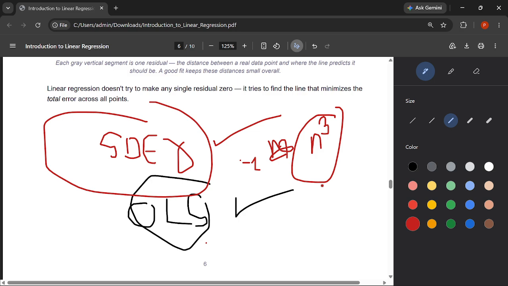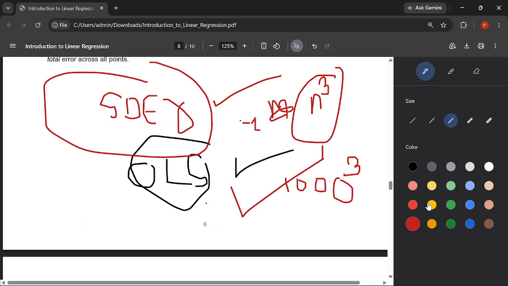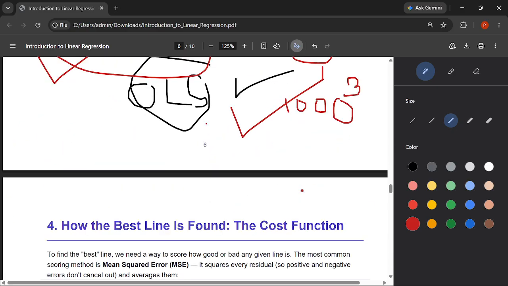If our data contains 1000 values, then the number of calculations becomes 1000 to the power 3, which takes a lot of time and energy. So that's why we use gradient descent there.